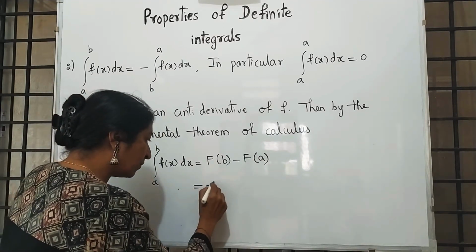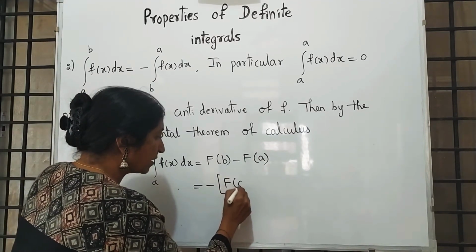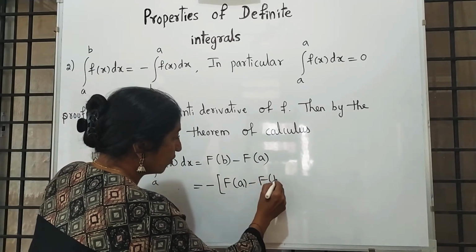And here I took minus common, it will be written as minus of F of a minus F of b.